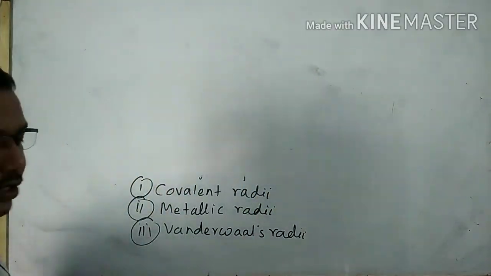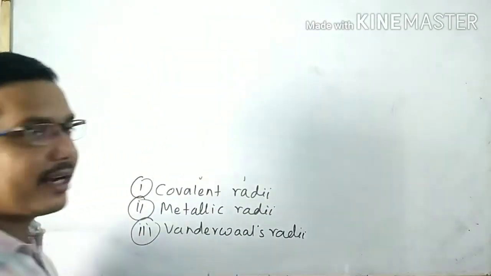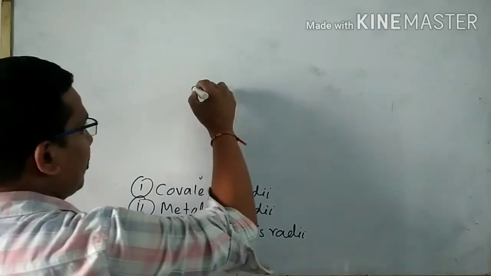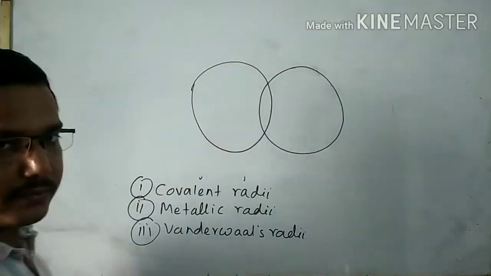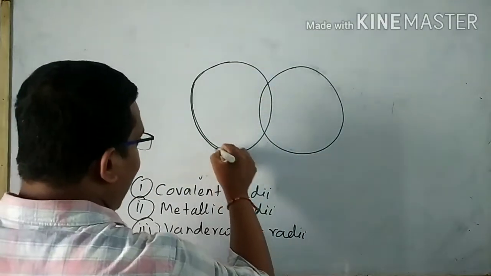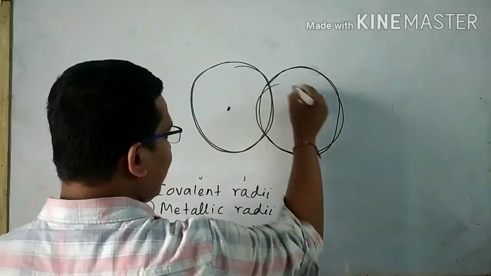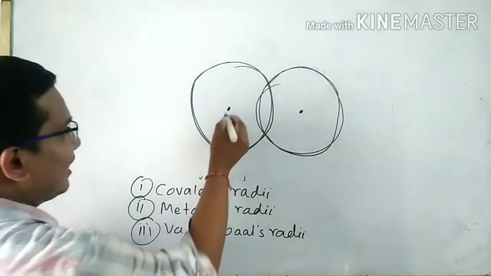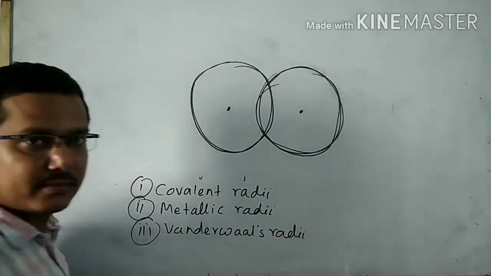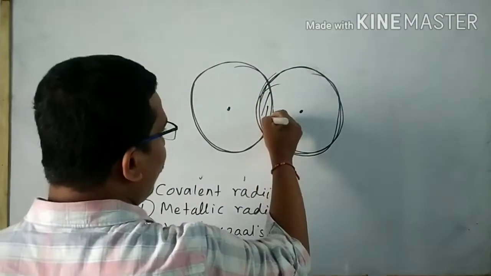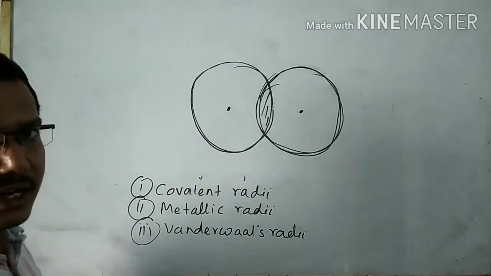Suppose we take a diatomic molecule. That means there are 2 atoms present and they are bonded to each other by a covalent bond. Suppose this is one atom and this is another atom, with the nucleus here and the nucleus here. This is the center of this atom, and this is the center of the other atom. This indicates overlapping of 2 orbitals, and that is considered the covalent bond.